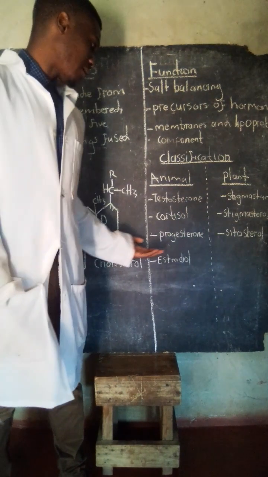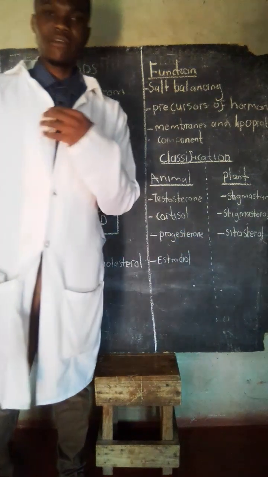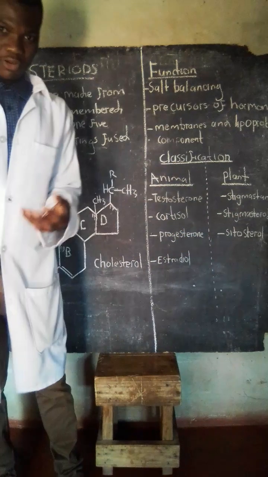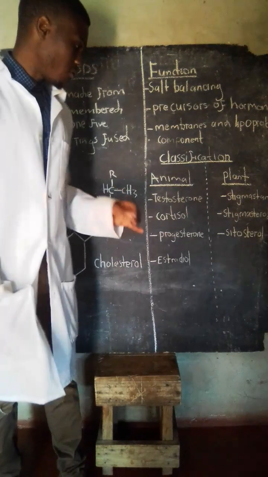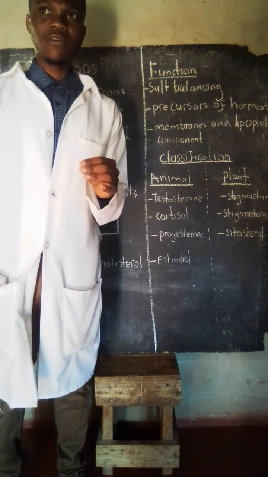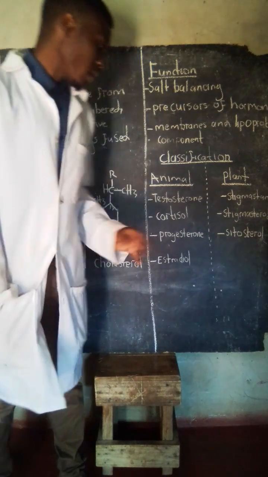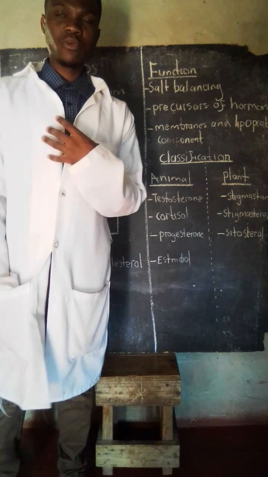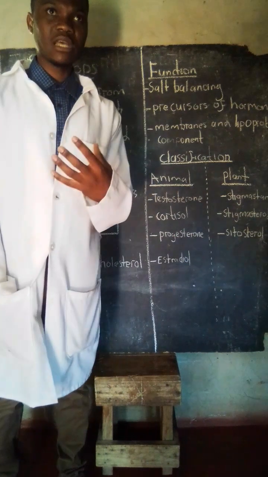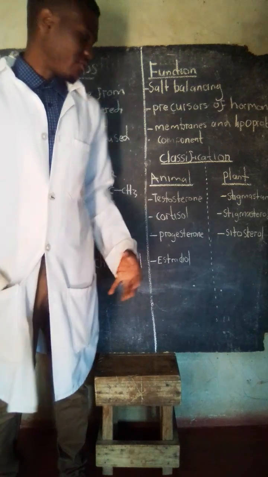Then we also have progesterone. Progesterone is also a hormone, a steroid, which is responsible for the development of female secondary sexual characteristics. This hormone is quite important. It is responsible for developing breasts, widening of the vagina, and broadening of the hips.